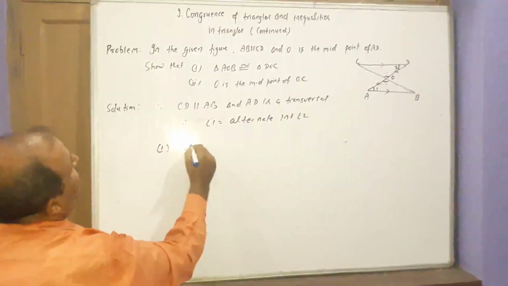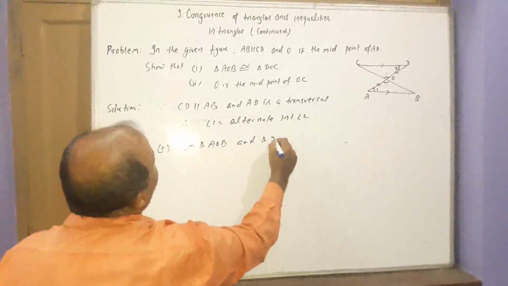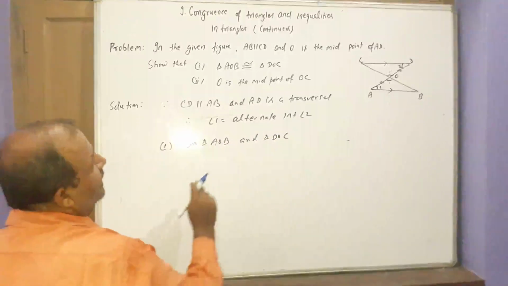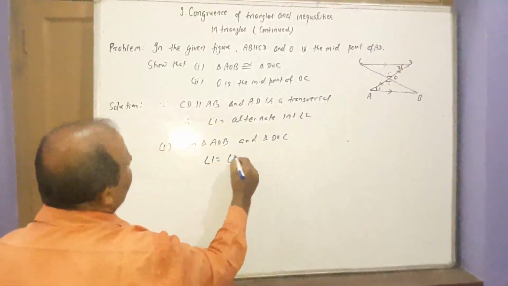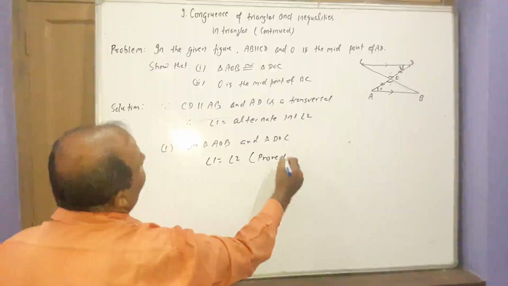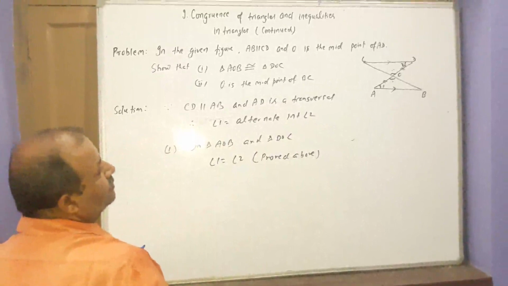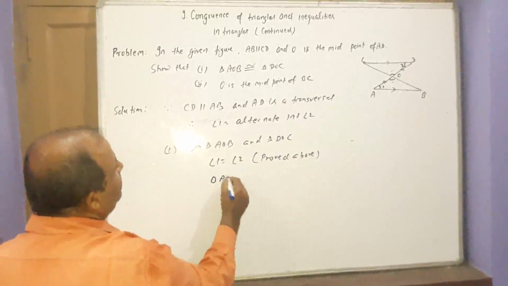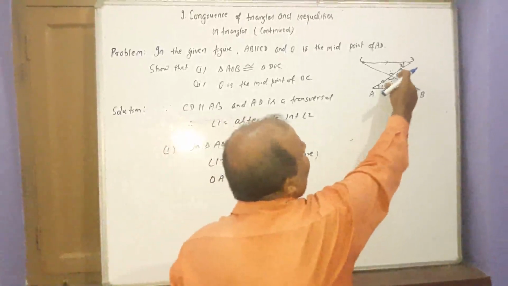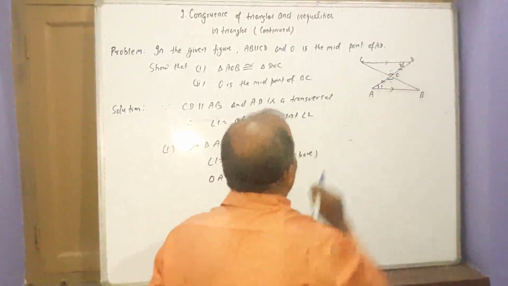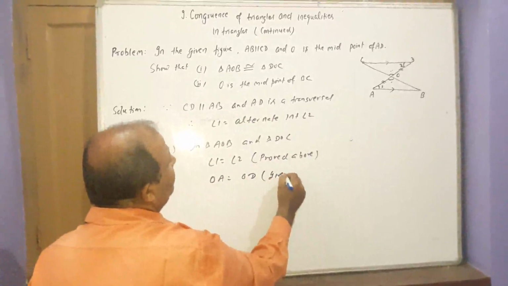1. In triangle AOB and triangle DOC, angle 1 is equal to angle 2, proved above. Also, OA is equal to OD, it is given, because O is the midpoint of AD.